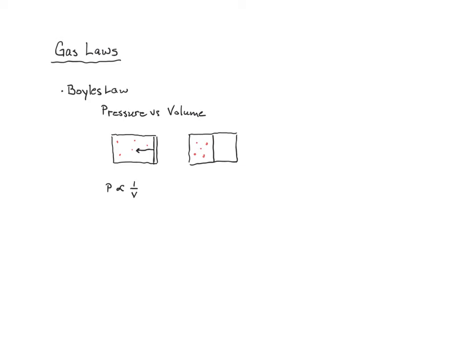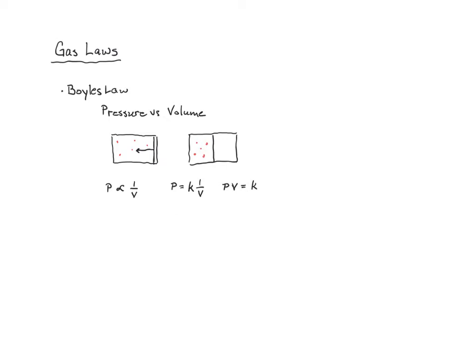Okay? Now, whenever we see that little proportionality symbol, we can replace that with an equal sign followed by a constant. Now, if we rearrange this, we find that pressure times volume is going to equal a constant.